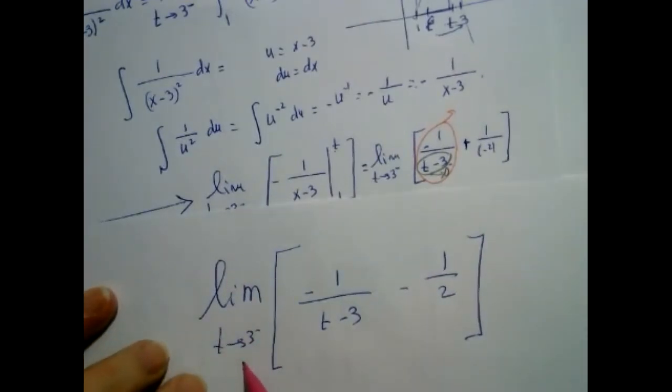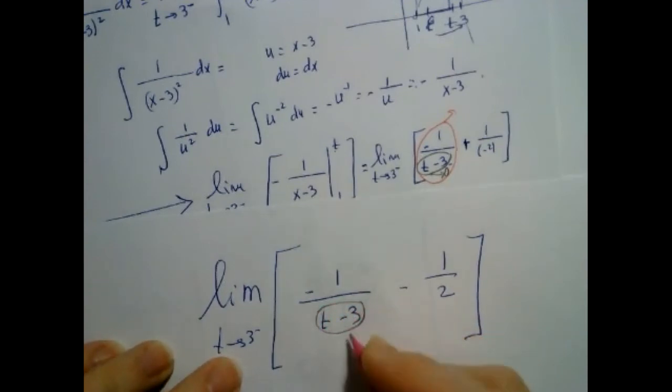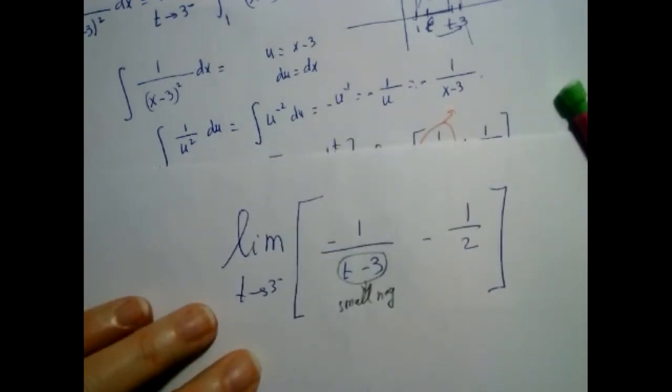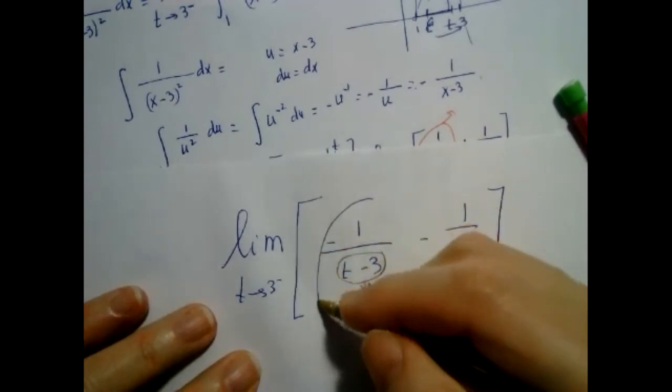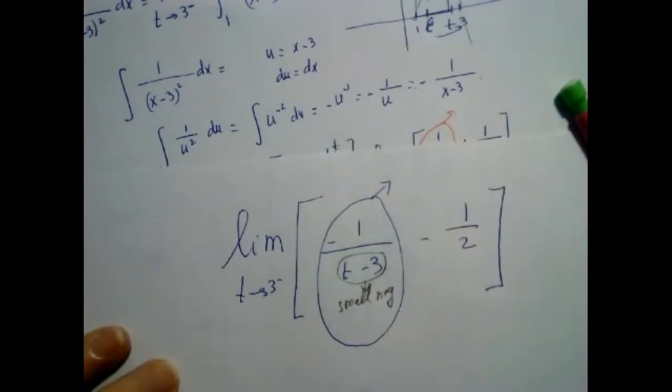When t becomes close to 3 from the negative, this piece becomes very small, and negative small, because it's 2.999. But that's the denominator. Now you have 1 divided by something very small. This would give me what?